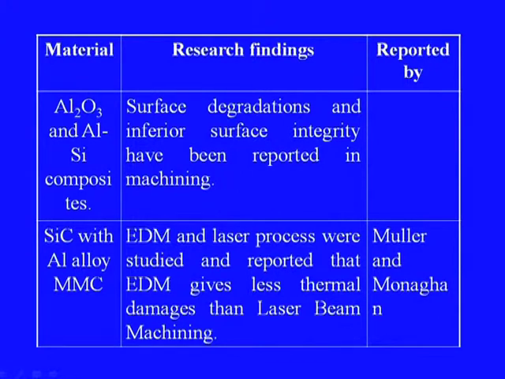Then EDM and laser processes were studied, and it was reported that EDM gives fewer thermal damages than laser beam machining. This was done on silicon carbide with aluminum alloy, that is also another kind of MMC.